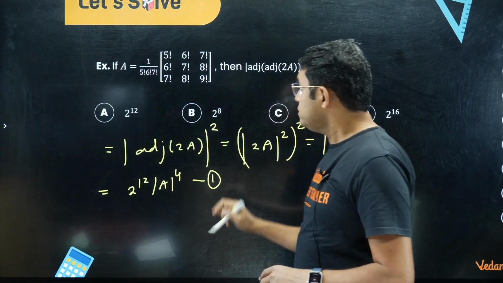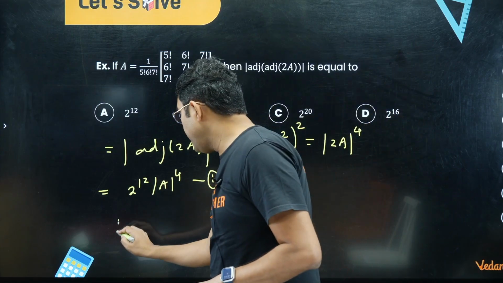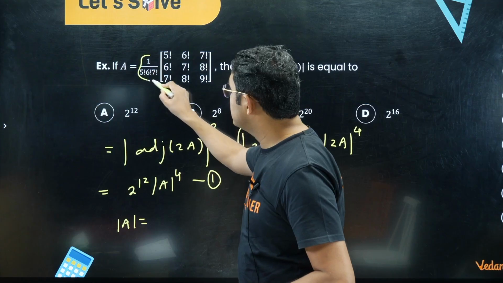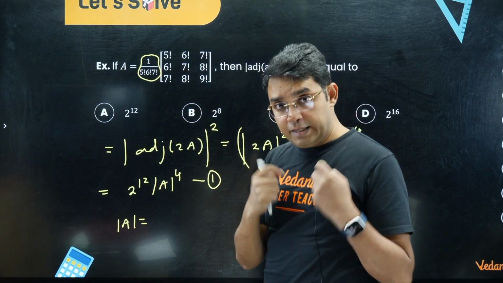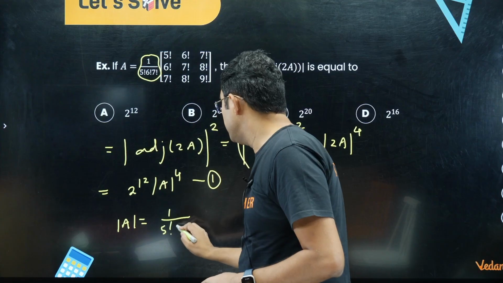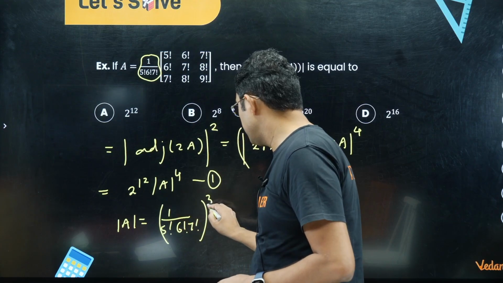Now finding the determinant of A, there is a problem here. When I am finding the determinant of this matrix A, and this k or some scalar quantity is multiplied outside, in this determinant I think it should be 1 upon 5, 6 and 7 whole cube.